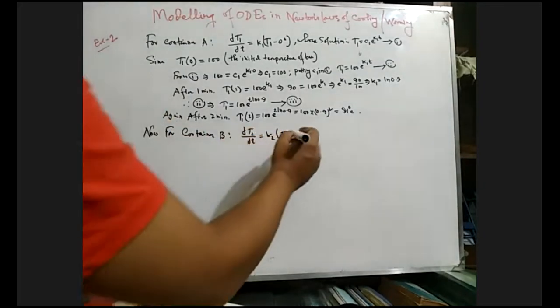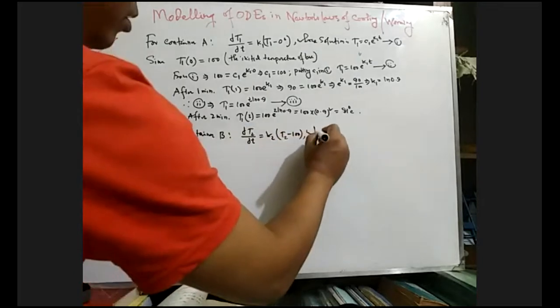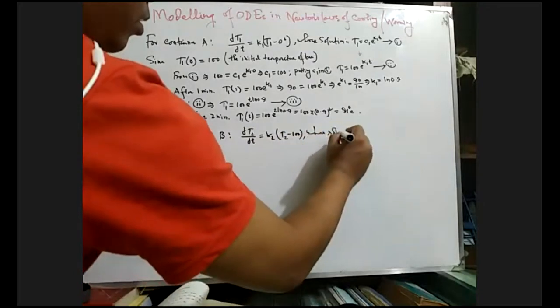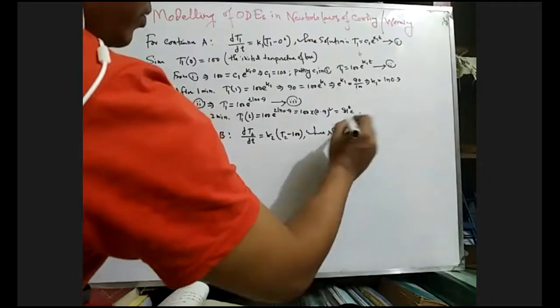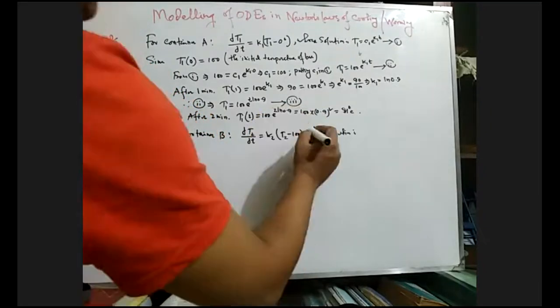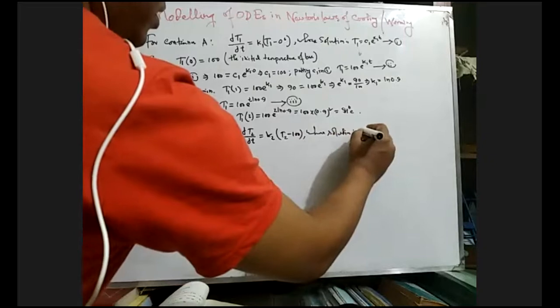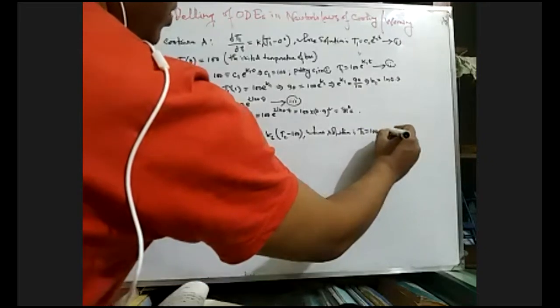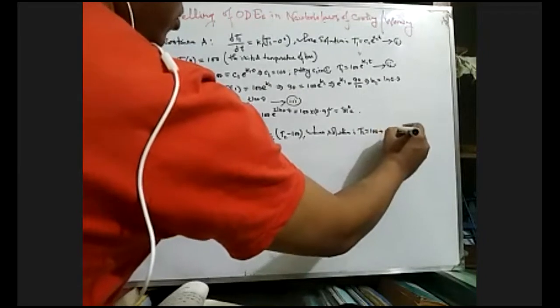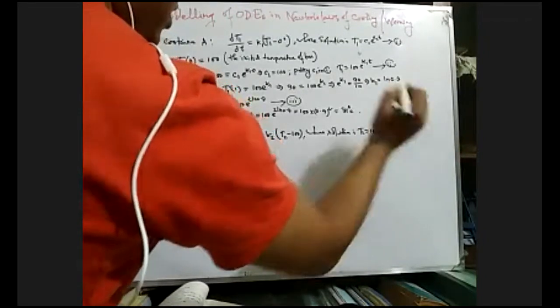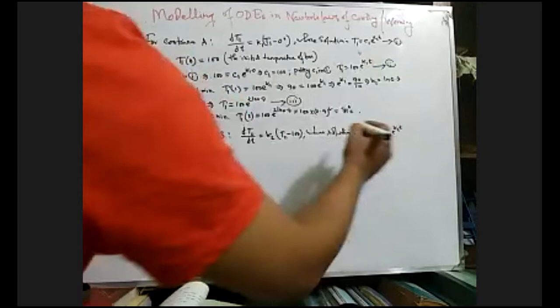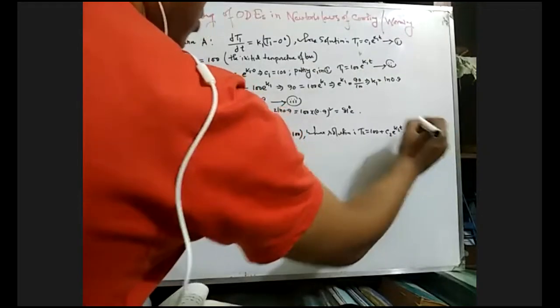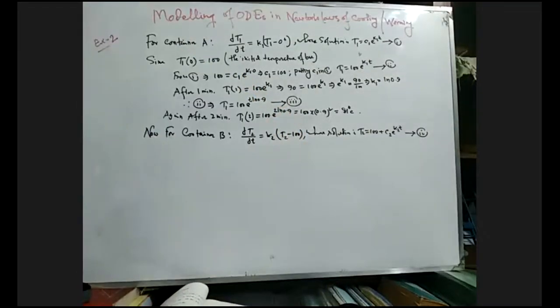Whose solution, from the first example, is T2 equals 100 plus C2 e to the power k2 t. This is equation number 4.